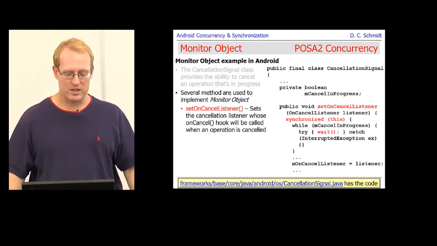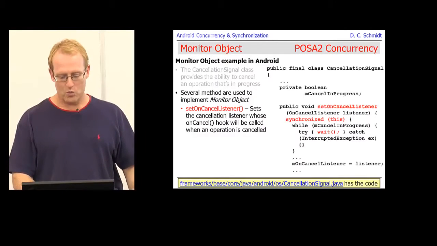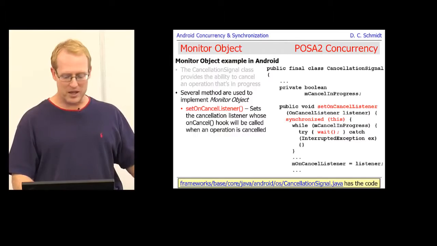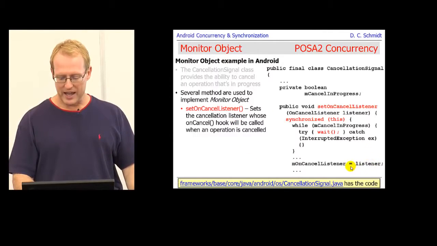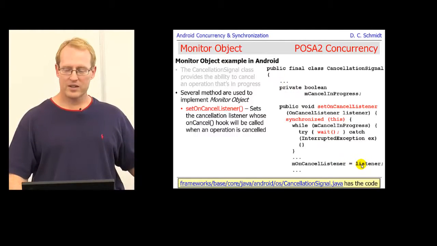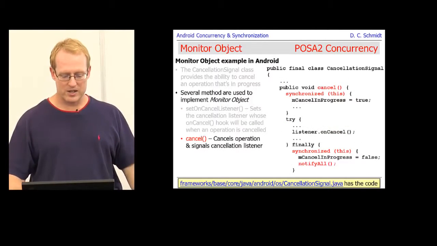You'll end up with all kinds of race conditions. So while cancellation is taking place, wait, and then when cancellation is done, we can go ahead and update the cancellation listener, which we stashed away here as a variable somewhere, with this callback handler. So that's what setOnCancelListener does.